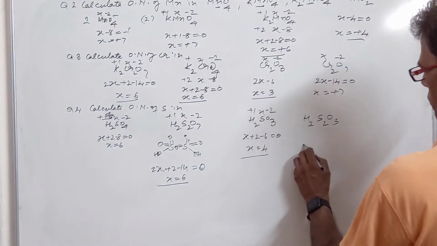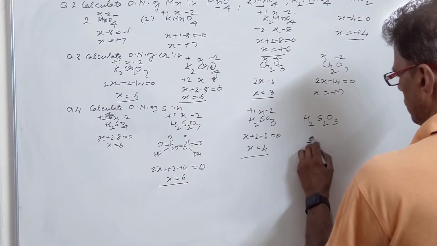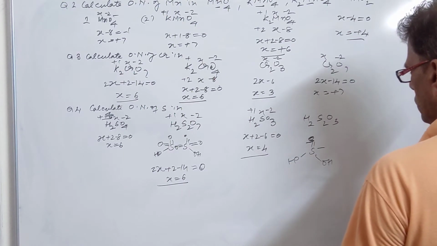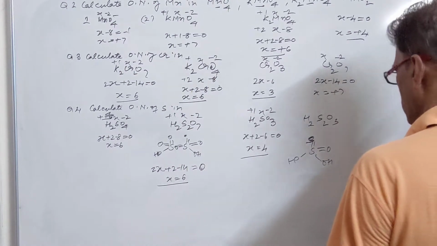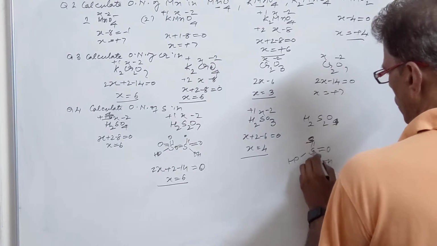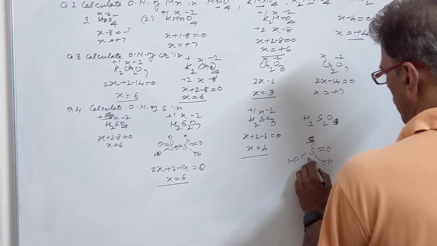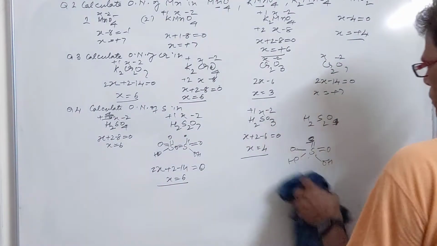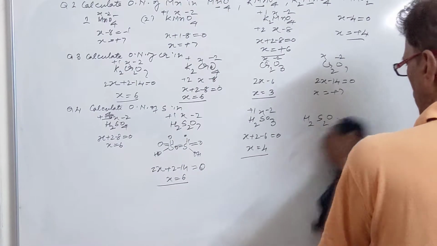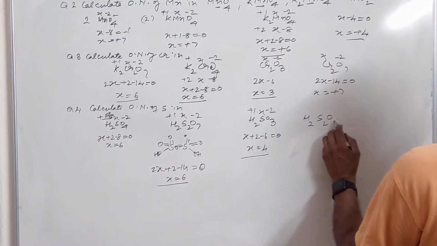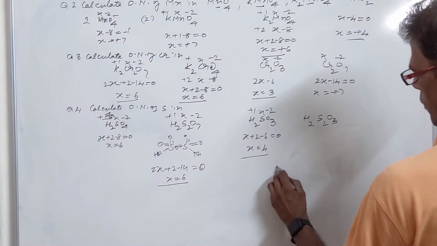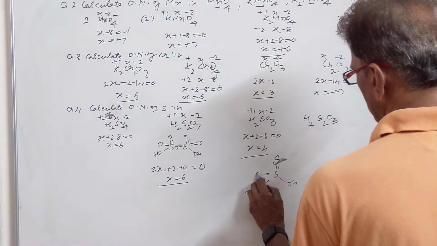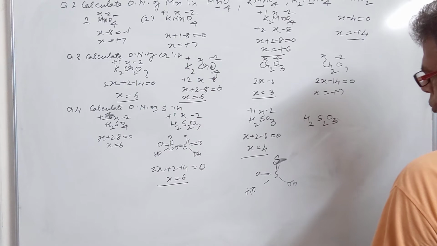In H2S2O3 the structure of this is like this. H2S2O3.